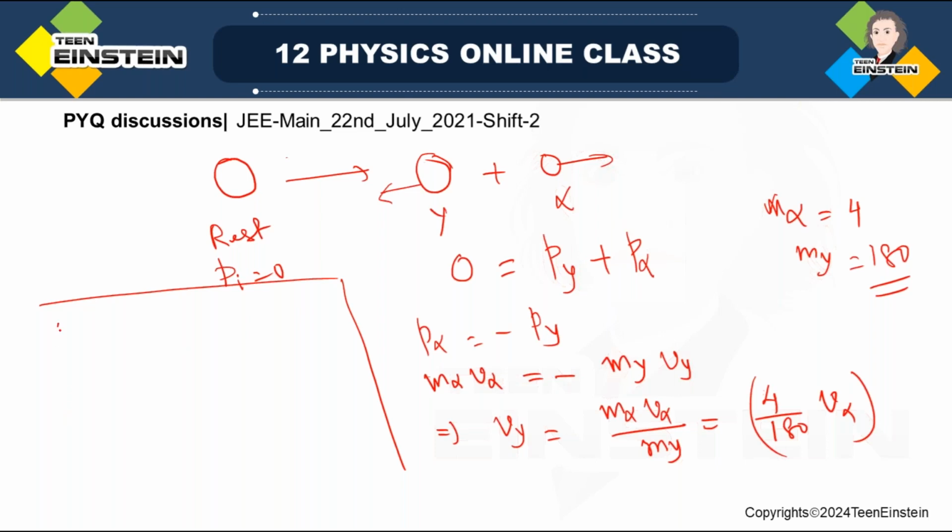So half into 4 into v alpha square plus half into 180 into v of y square will be exactly equal to the Q value. Now I have got vy. From here I can erase this part.